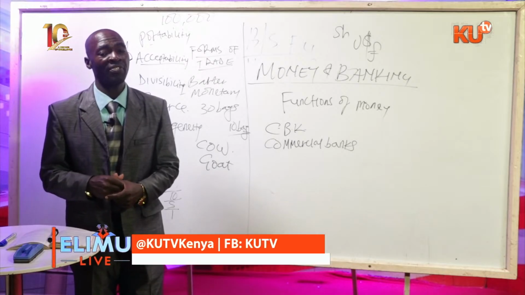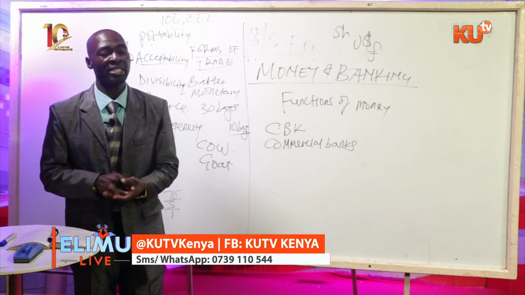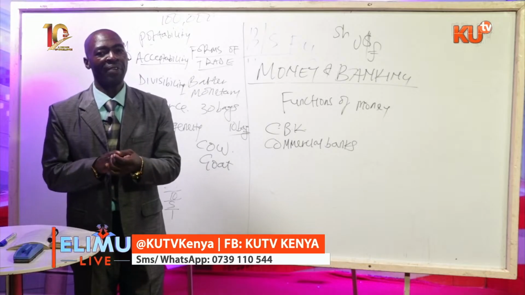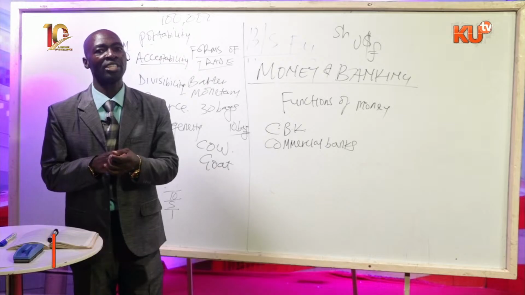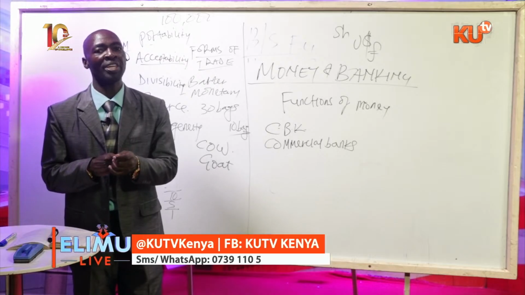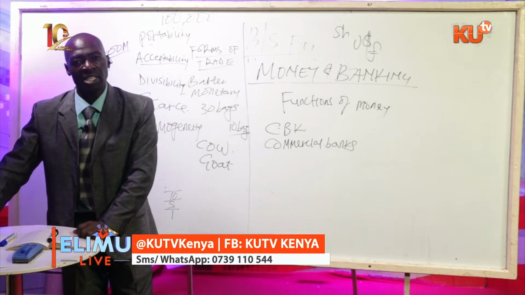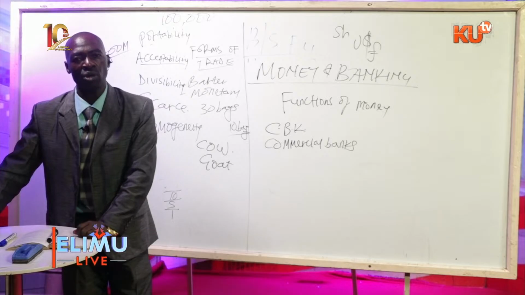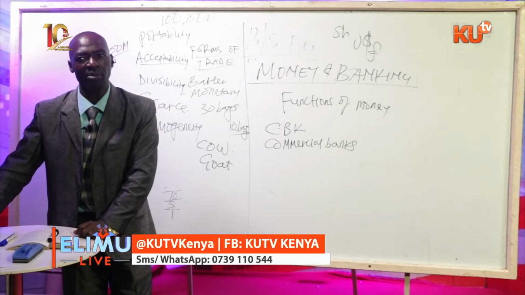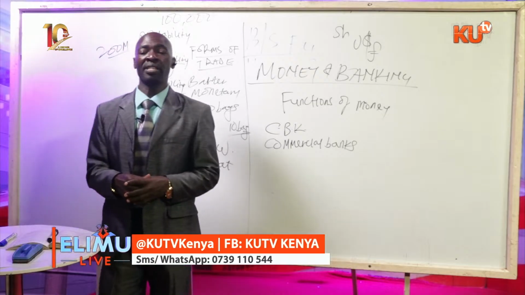We will look at inflation as a topic next. Another function still under government's bank, the central bank is charged with the responsibility of issuing new currency. For example, it is the central bank that issued the newest currency notes that we are using right now.